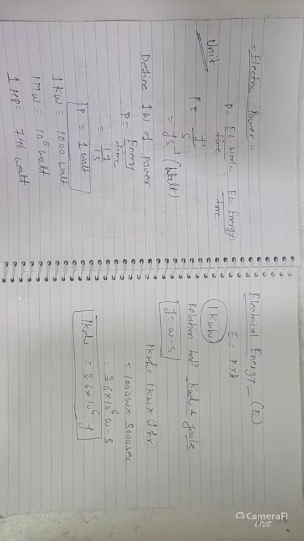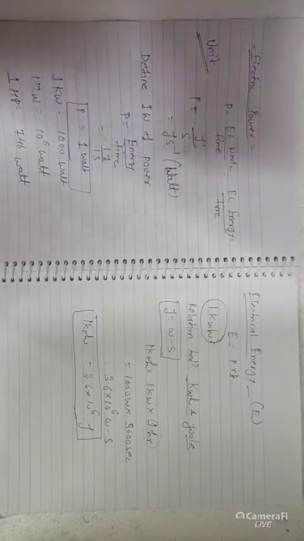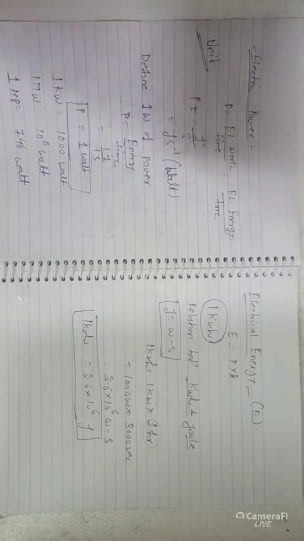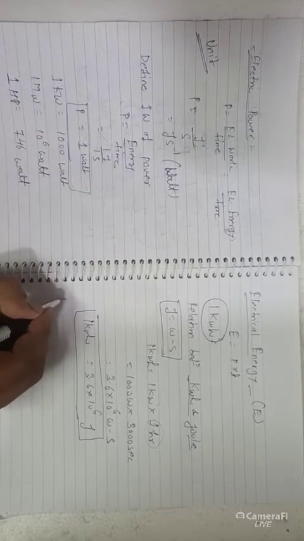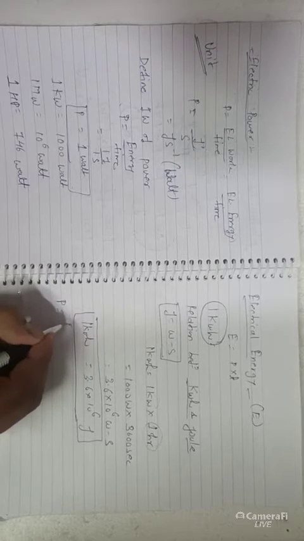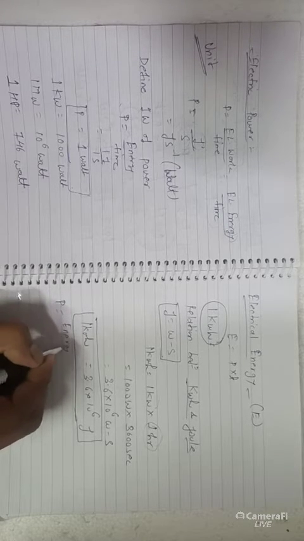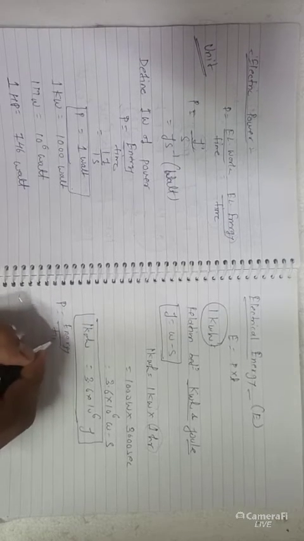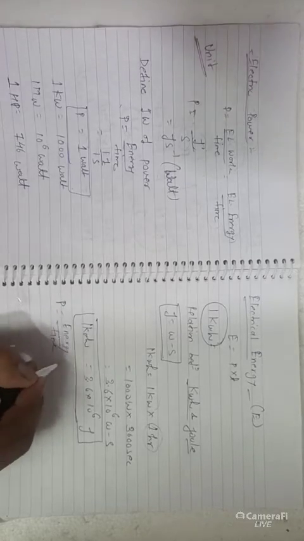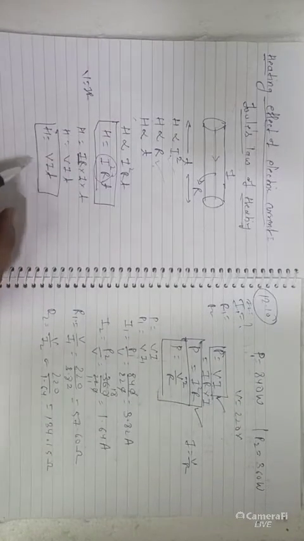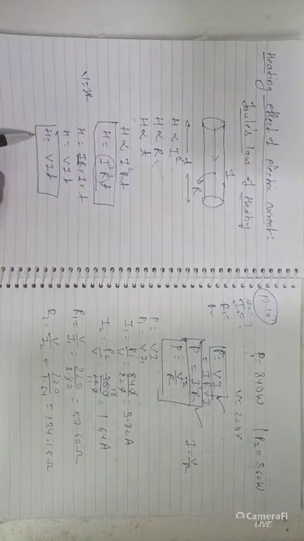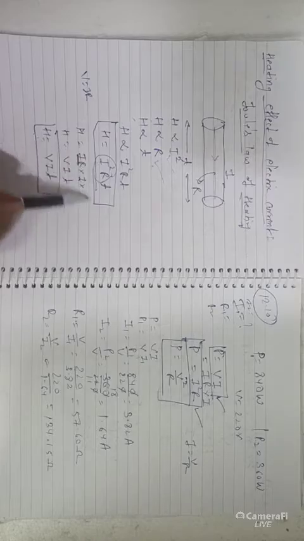Now we can find some more formulas of power. We know that power equals energy by time. You saw in the previous video that heat is also energy, and this was equal to VIT and I square RT.